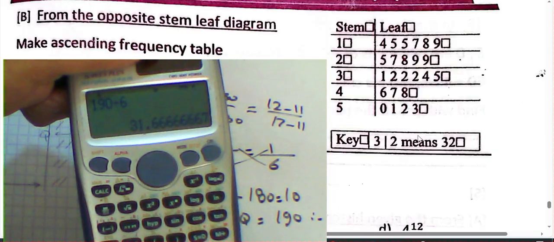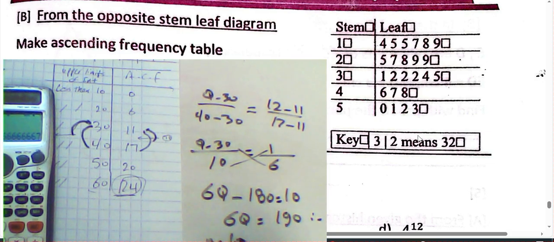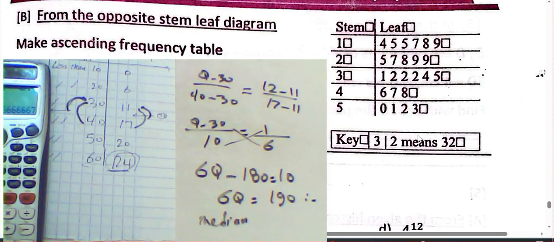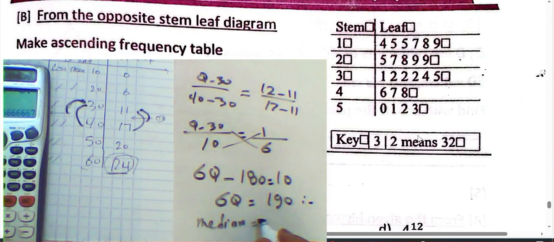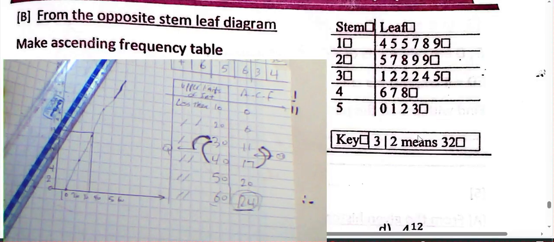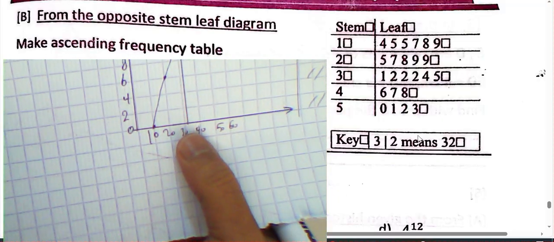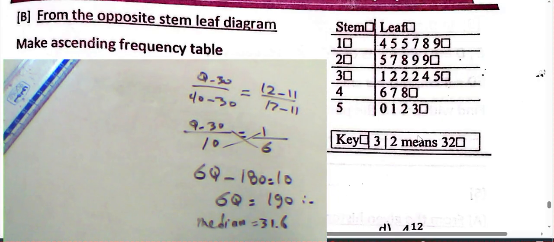The exact answer will be 31.6. Then the median will be equal to 31.6. We can find also the result from this curve, 31.6. It's exactly here by this algebraic method.